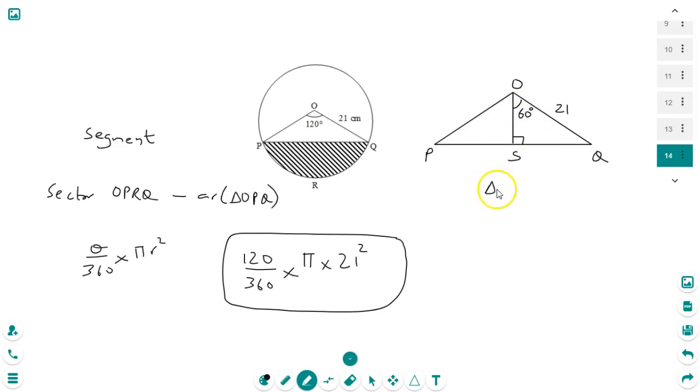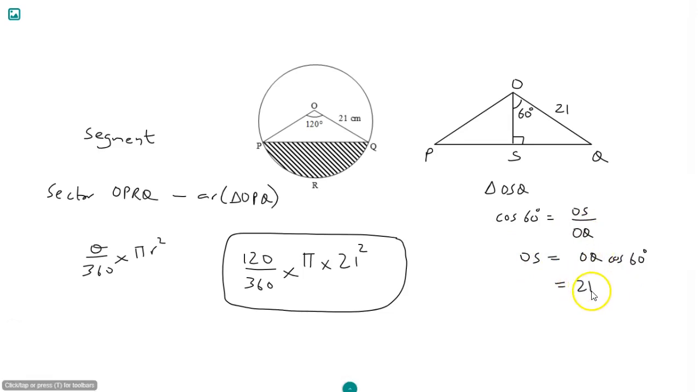From right triangle OSQ, we can write cos 60 degrees is OS by OQ. So OS is going to be OQ cos 60, that is 21 into 1 by 2. That's how you find OS. Similarly, you can write sin 60 is equal to SQ by OQ, or SQ is OQ into sin 60.